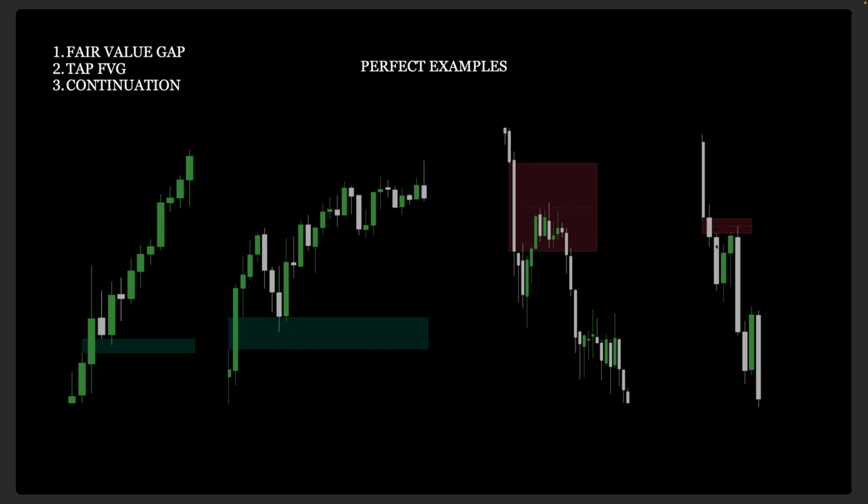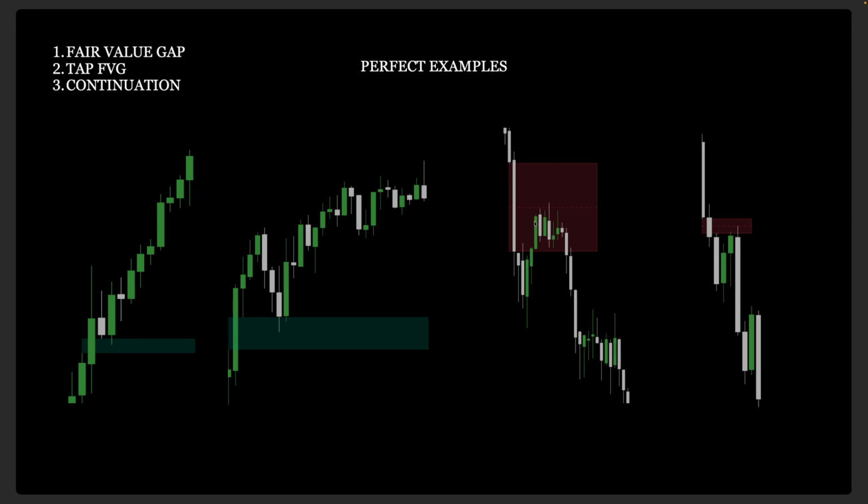Now, all four of these are perfect examples. Why do I say that? Because each time price comes back, it respects the center point, the consequent encroachment, the 50% of that gap, right? So, bearish gap, it comes back to 50%.